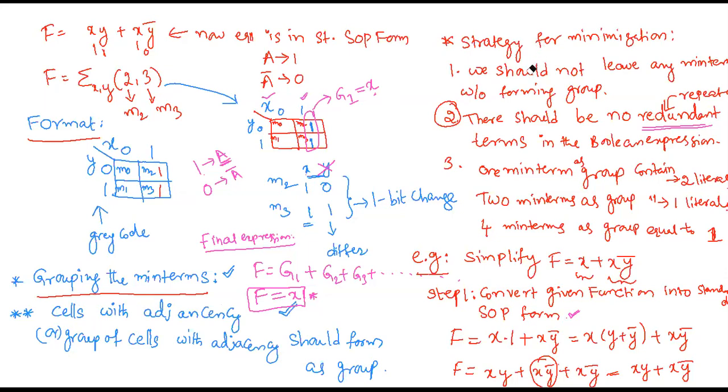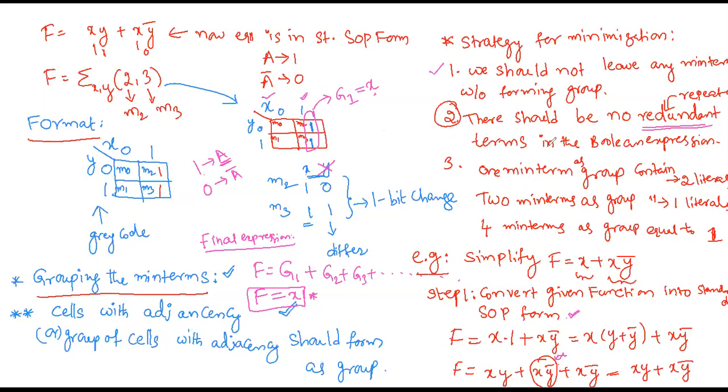And check, we should not leave any minterm without forming a group. How many minterms are there here? 2 minterms. These 2 minterms are already grouped. So the first part is okay. And no repeated term is there. Already we removed this repeated term.